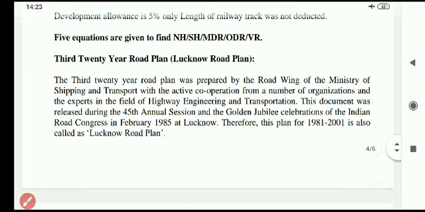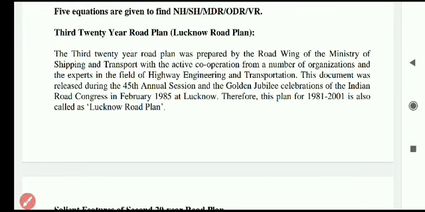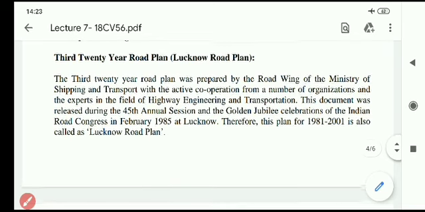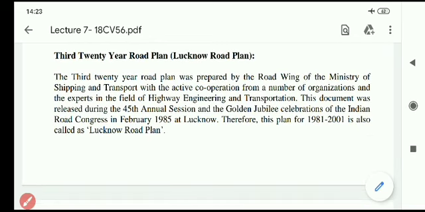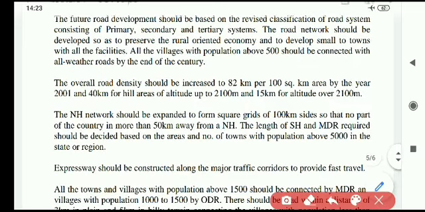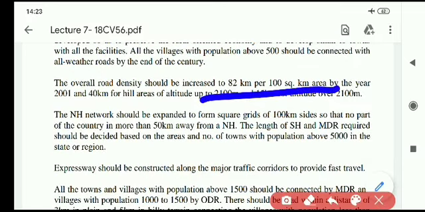We'll focus on the third 20-year road development plan. It is also known as the Lucknow plan. According to this plan, about 82 kilometer per every 100 square kilometer density is fixed. Earlier, for the first plan, it was 16 kilometer per 100 square kilometer.